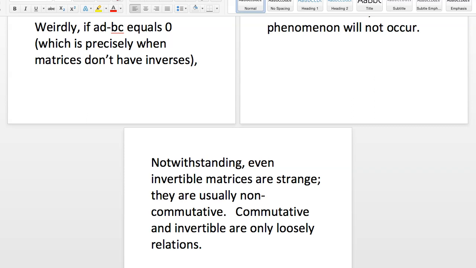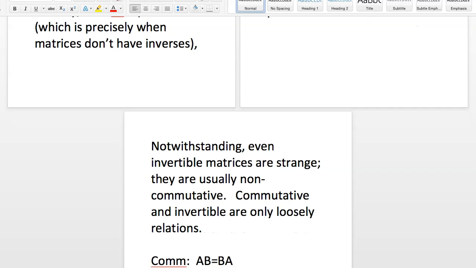Commutative just means AB equals BA. Invertible means A has an inverse. It has what you could think of as a reciprocal.